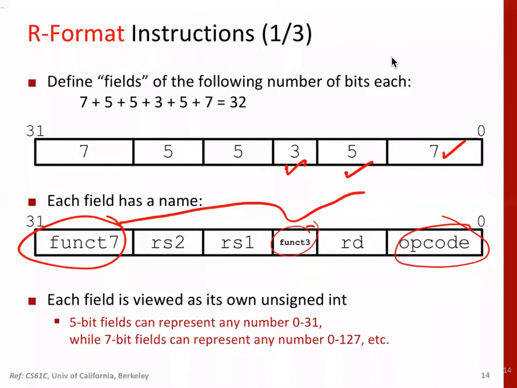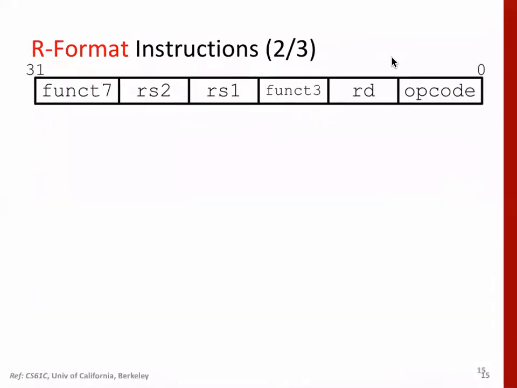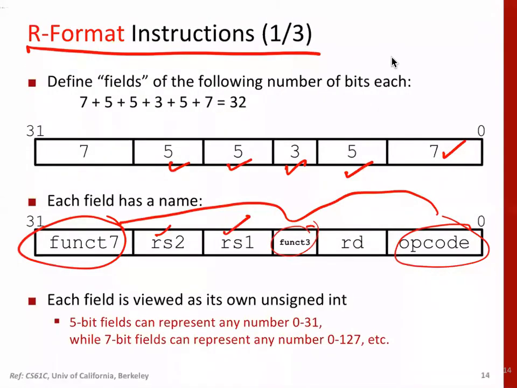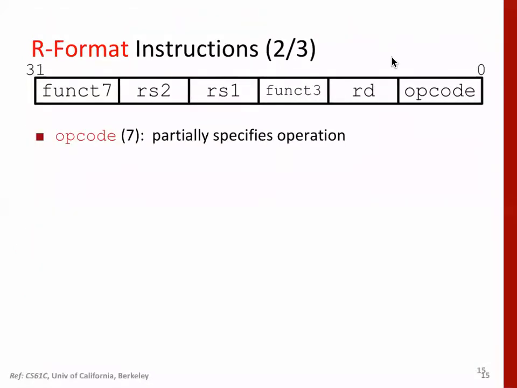These fields together tell us what the instruction is about, and we'll see uniformity among the various R type instructions. RS1 and RS2 are 5 bits each. This makes 32 bits overall. All right, so this is the format.